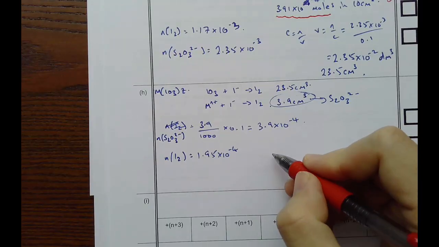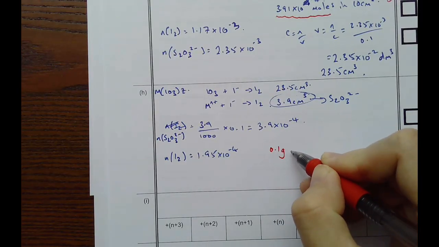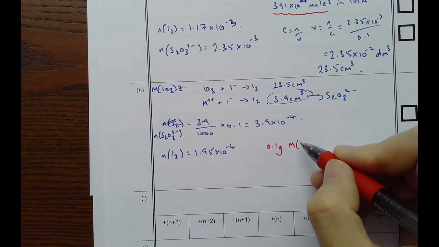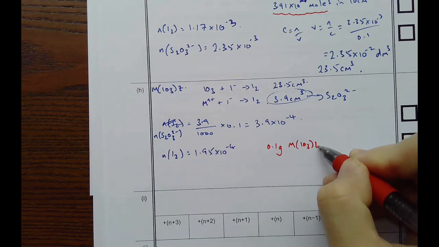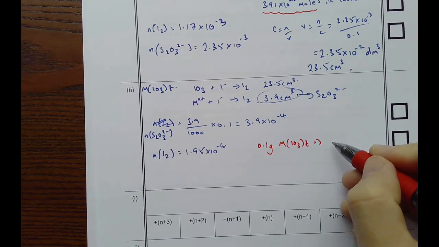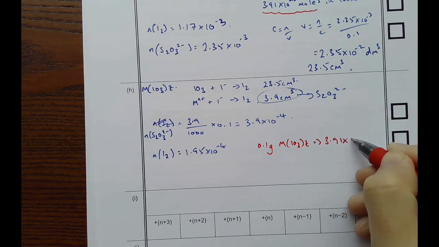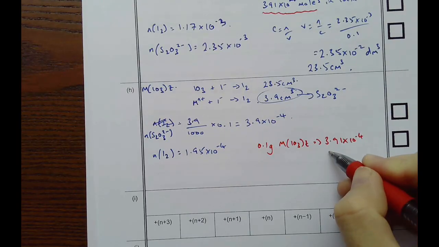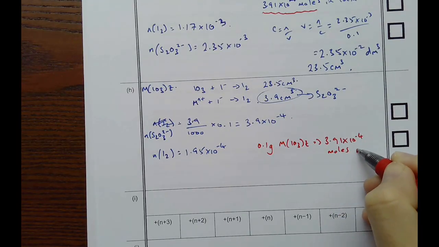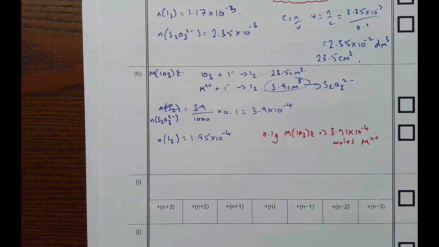So 0.1 grams of MIO3Z is 3.91 times 10 to the minus 4 moles of Mn plus.